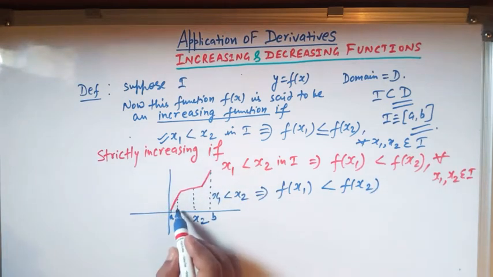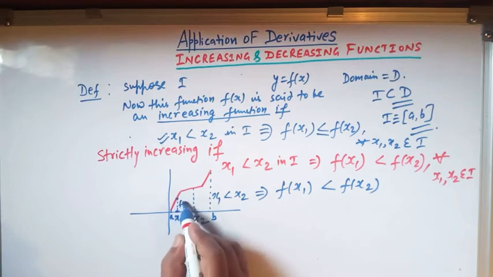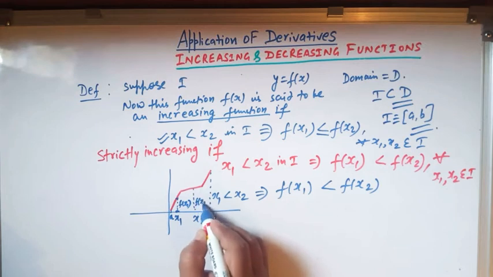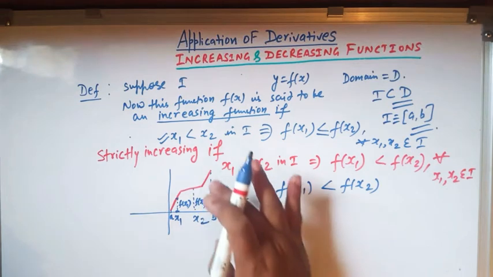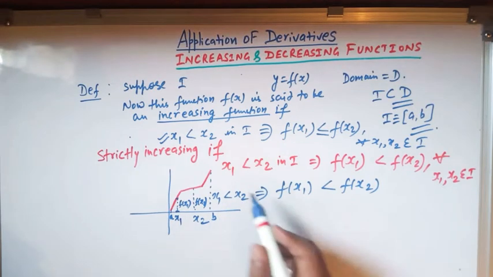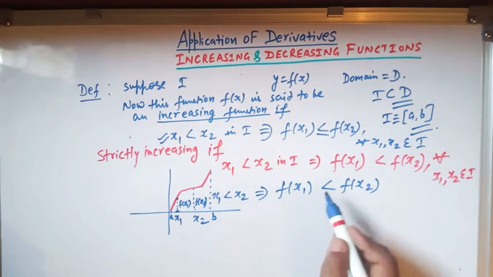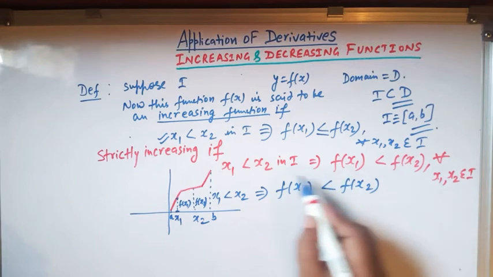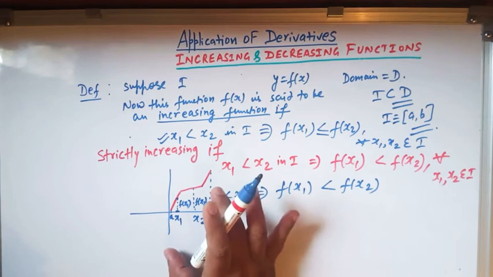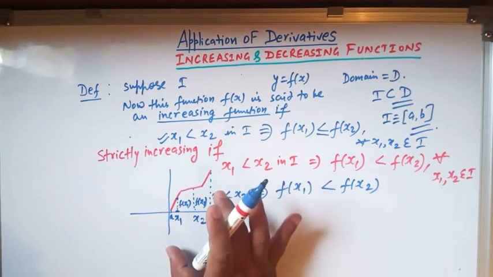So this height is f(x1) and this height is f(x2). So x1 less than x2 implies f(x1) is less than f(x2). Therefore this is called an increasing function.